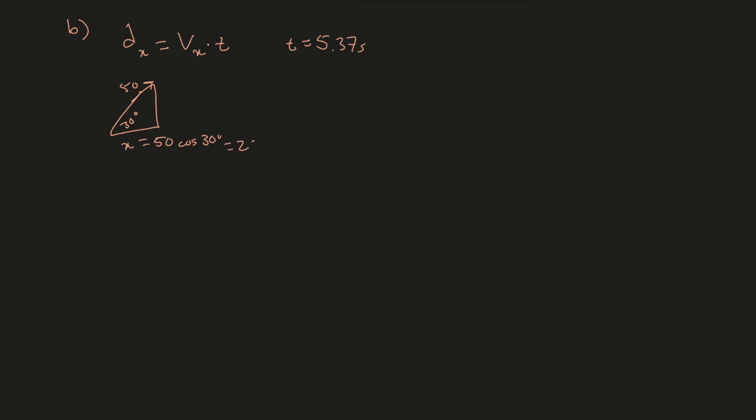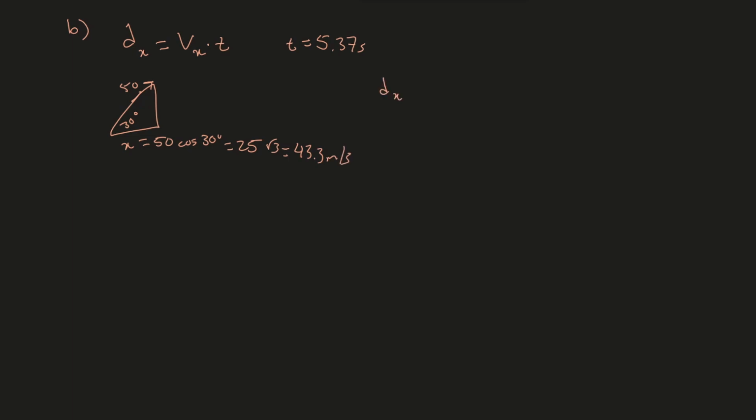And this is going to give 25 root 3, which is equal to, if I do this right, 43.3. And this is obviously in meters per second too. So we can just do some quick multiplying.